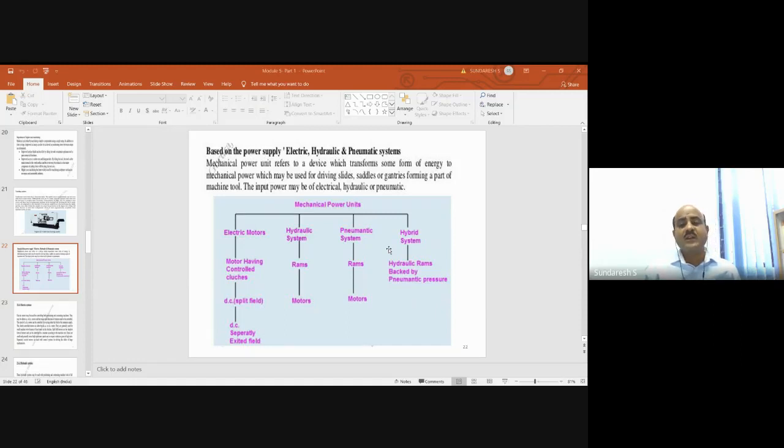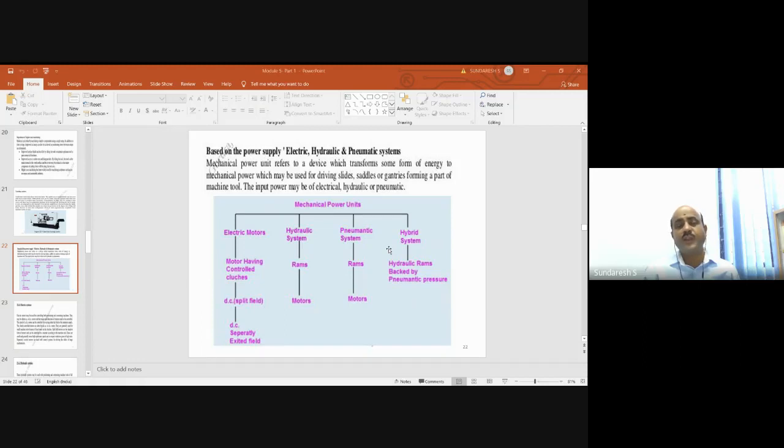Generally, why do we need power? Mechanical power is what makes the movement of the different parts, some of which are stationary and some rotary, so the motion is obtained.